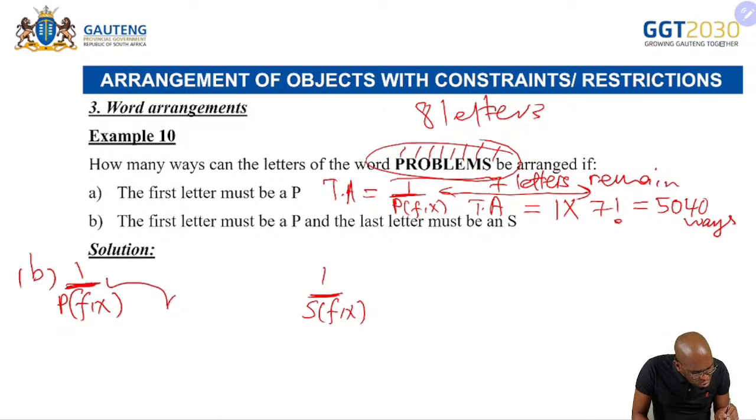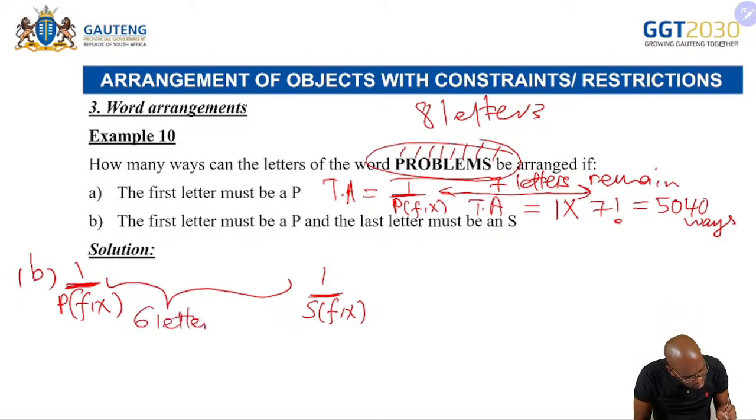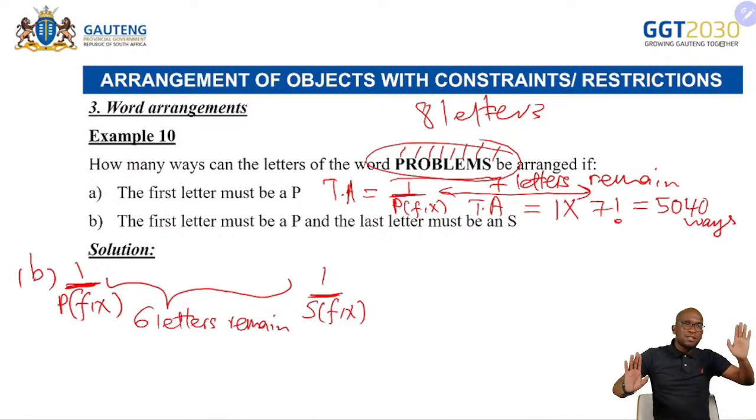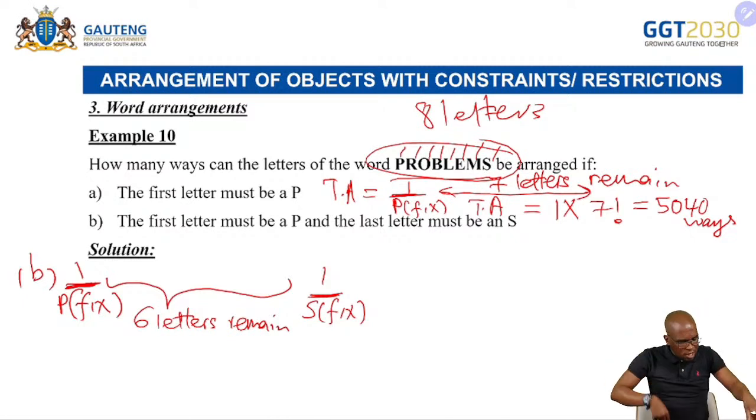Now, if you do that, how many letters remain? You've used P and you've used S. Out of 8 letters, you've used 2. So you are left with 6 letters. If 6 letters remain, obviously the P and the S cannot be arranged. They are fixed in those specific positions. So you can only arrange the remaining letters.